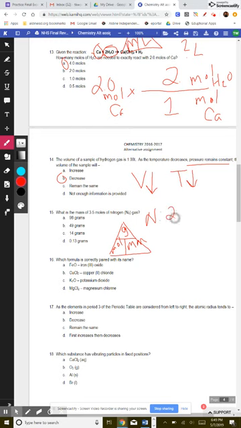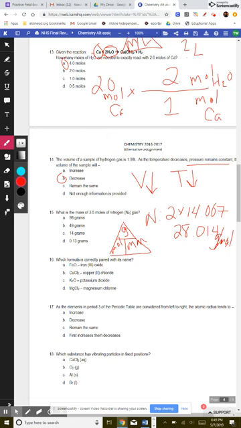N, there's 2 of them. Look at your periodic table, 14.007. Okay? So in my calculator, 2 times 14.007. That equals the molar mass of nitrogen gas, which is 28.014. Okay, that's the molar mass.